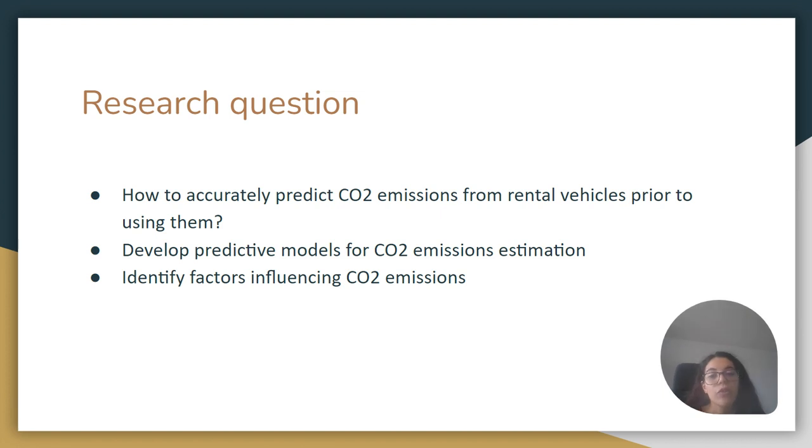For instance, how to accurately predict CO2 emissions from rental vehicles prior to using them. A second important question is how to develop predictive models for CO2 emissions estimation and how to accurately identify key factors influencing CO2 emissions.